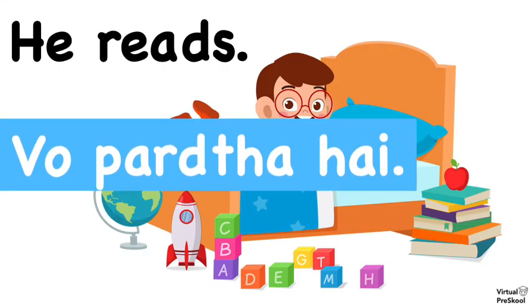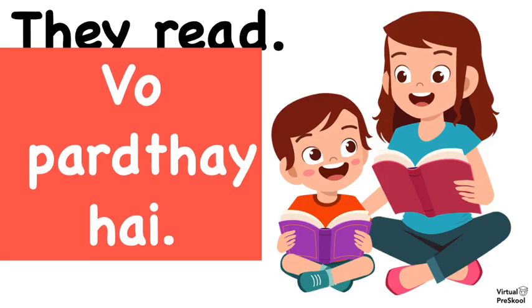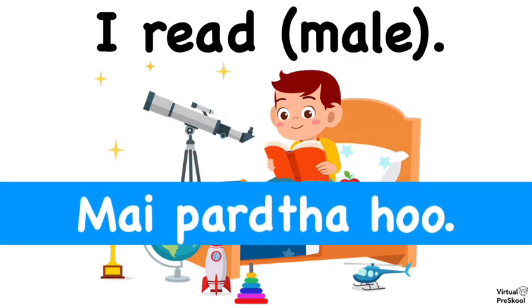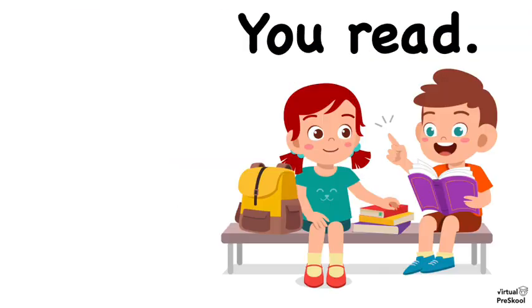Vo padhta hai, vo padhti hai, वो पढ़ते हैं. And now that you conjugated a verb in present tense, let's do them one more time. I read and it's for a male. What would it be? मैं पढ़ता हूँ. I read and it's for a female. मैं पढ़ती हूँ.